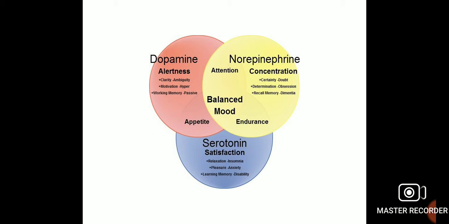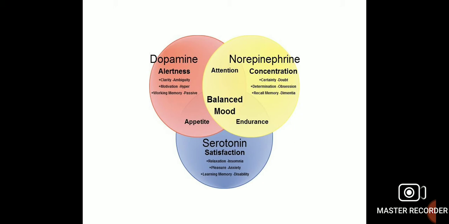So if we have a healthy condition of our mind, meaning we have proper mood, proper food, proper sleep, everything in balance or favorable to our needs, then we will have more concentrating ability.